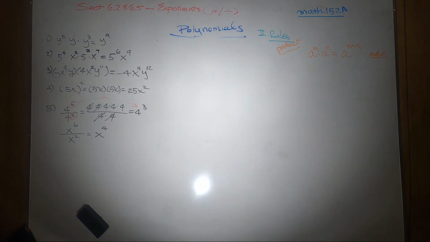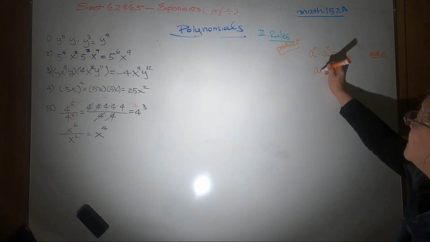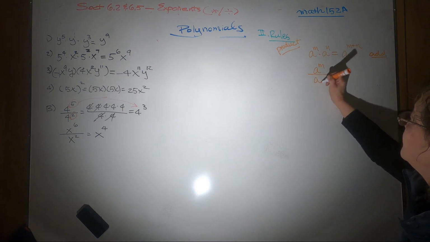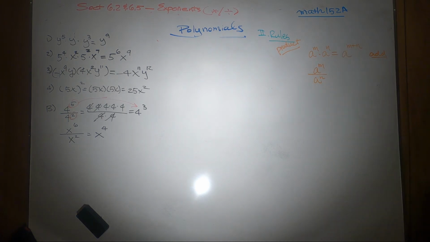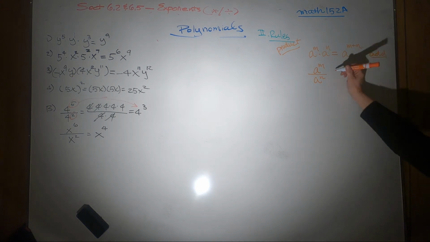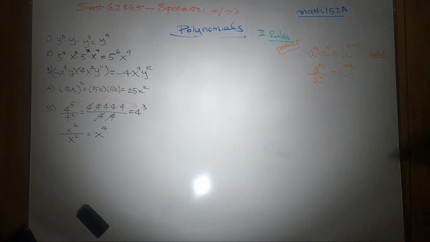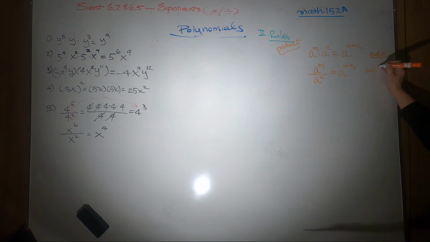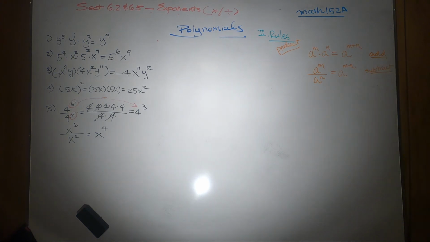So next thing we are doing, if same base, a^m divided by a^n, right? So how many a's left? Will be a^(m minus n), right? So you will subtract your powers.